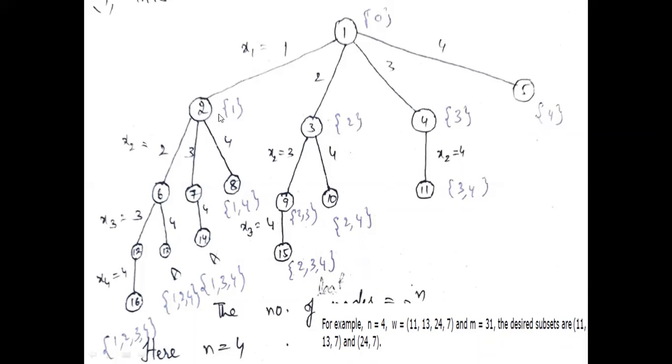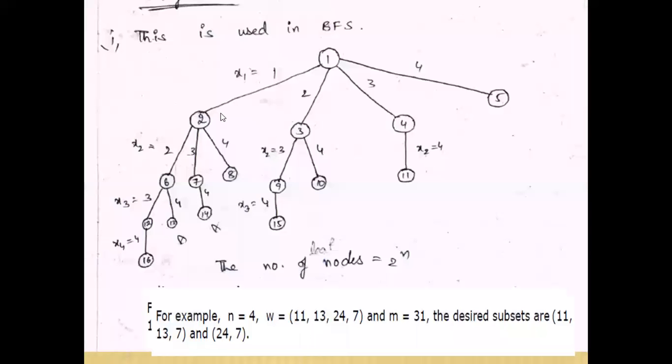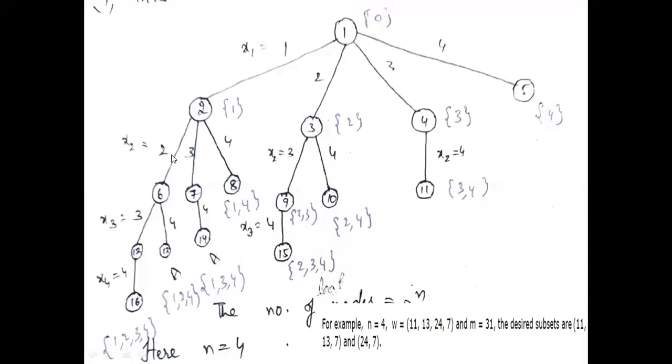Next, the subsets 1 2, 1 3, 1 4. The sixth node represents 1 2, the seventh node represents 1 3, and the eighth node represents 1 4.